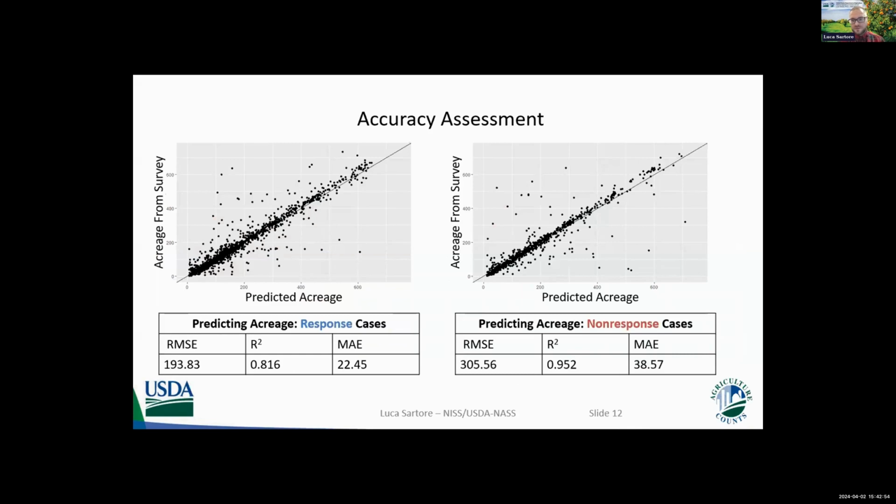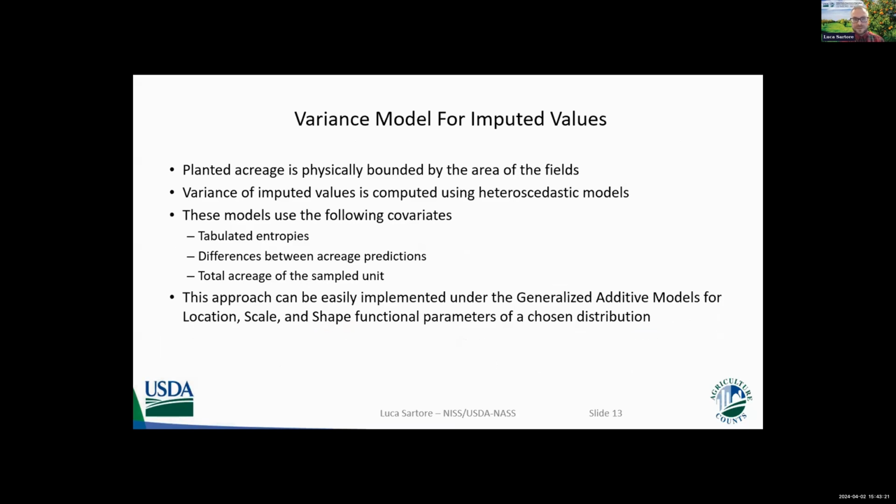But once we used the no response cases after a second stage of interview, a follow-up where we still collect some data through interview, we were able to determine that our prediction model was 0.952 in R-square, even more correlated with acreage from the survey. But because there is still some variability, we then developed a model to determine the variance of these predictions as well.